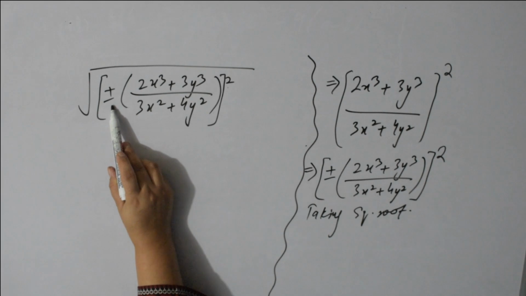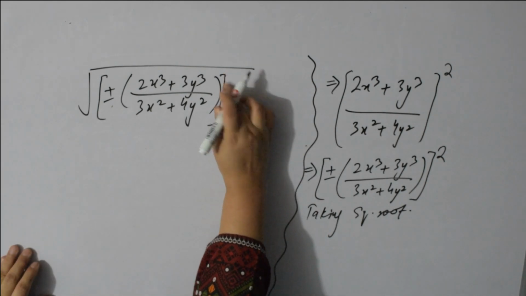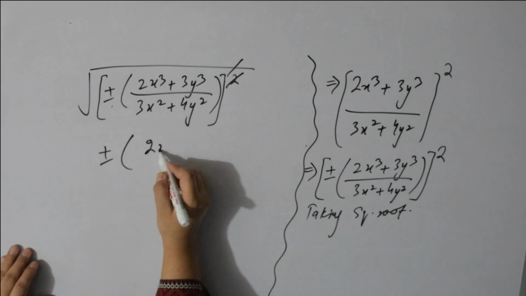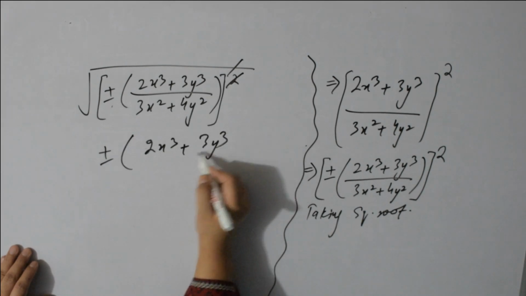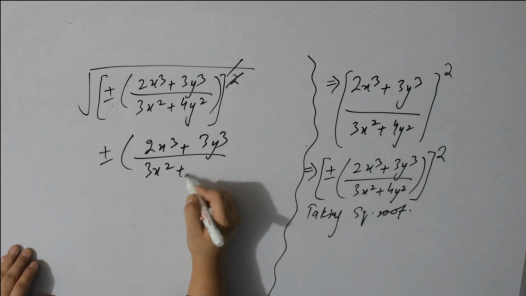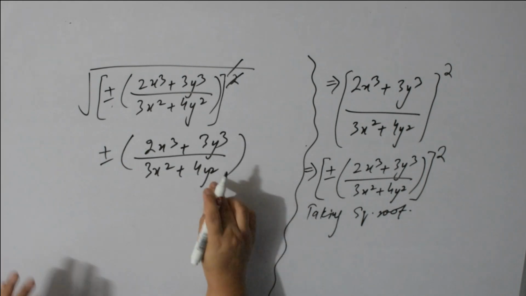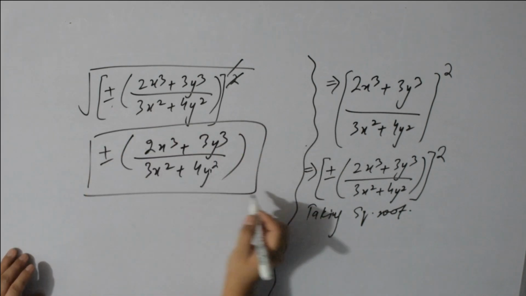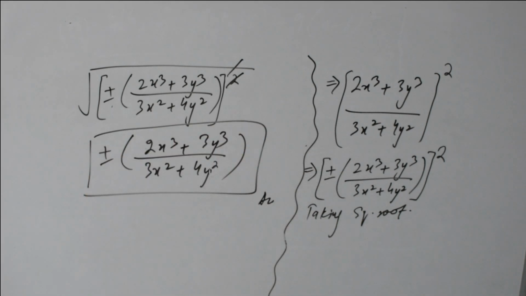Square inside, you will write this plus minus sign. So your answer is 3y³ plus 4y². So yes, this is your answer. Okay, answer of which part?